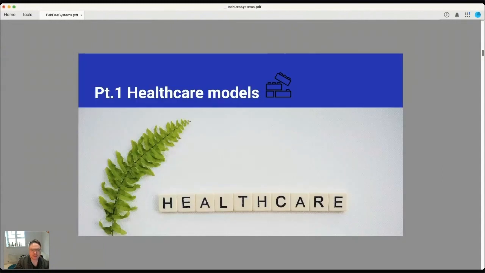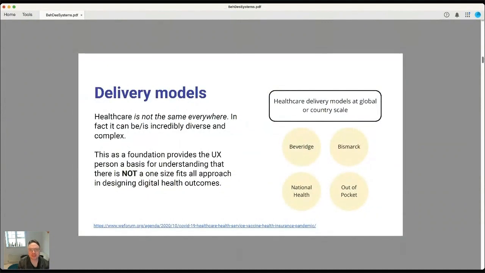So just to set the scene really quickly, I just want to talk about some very, very basic healthcare models, both at a country and a few other levels as well. This is something that is really important to all of us, and this is really at the top. And I know it was touched on in the last talk, but delivery models for healthcare in each country, different parts of the world, are very, very different.